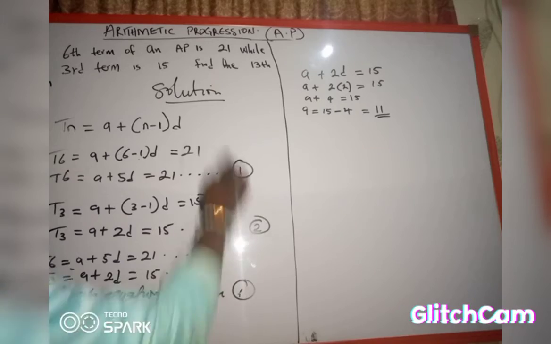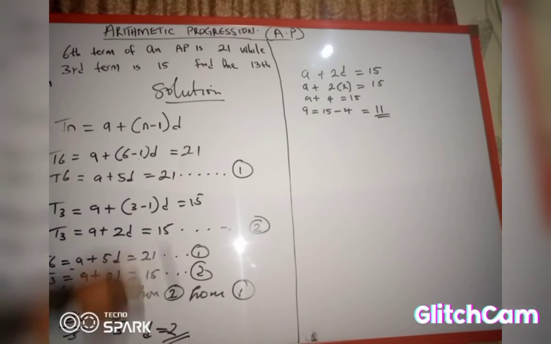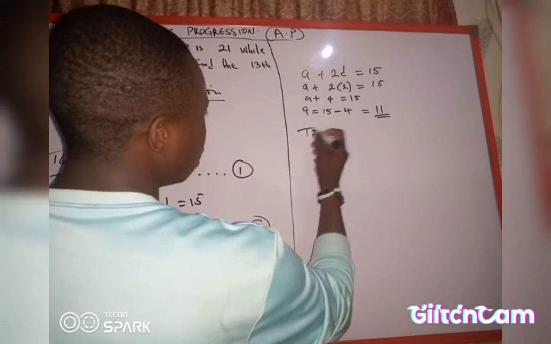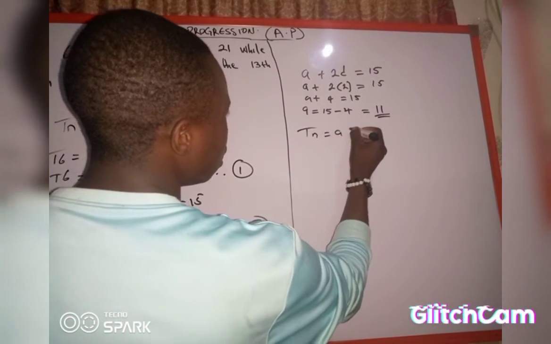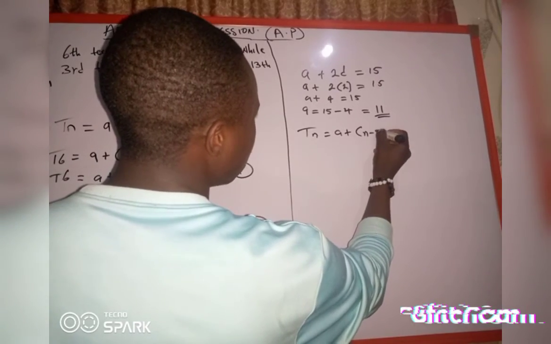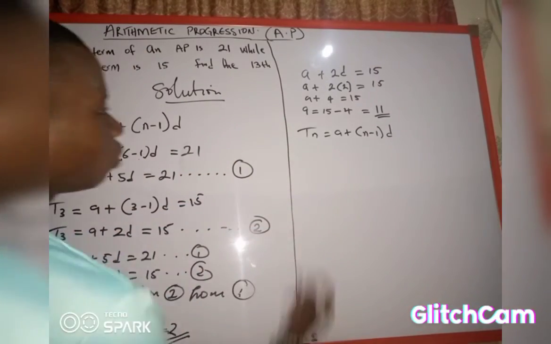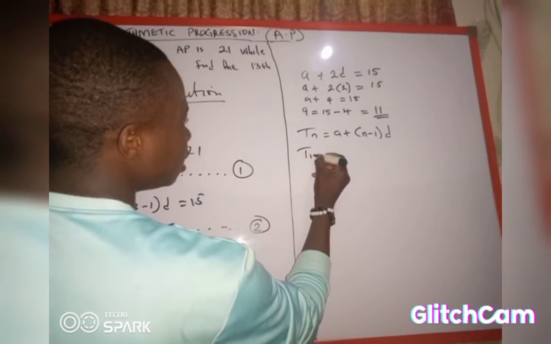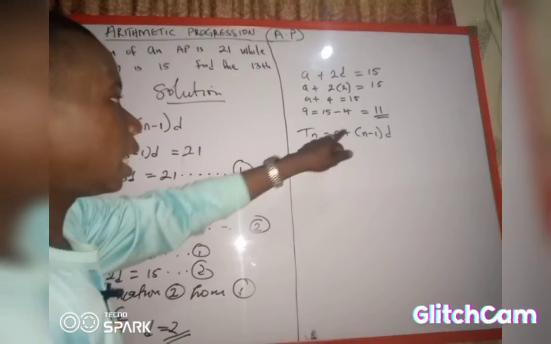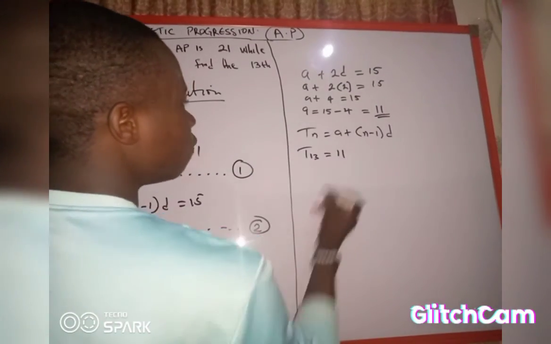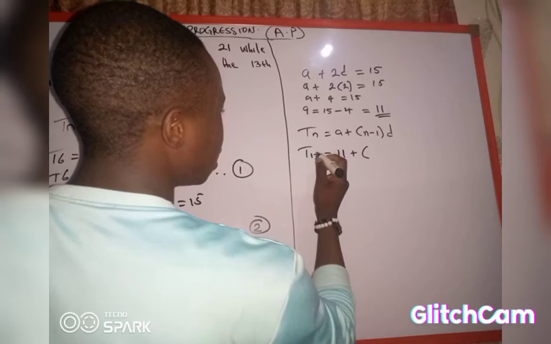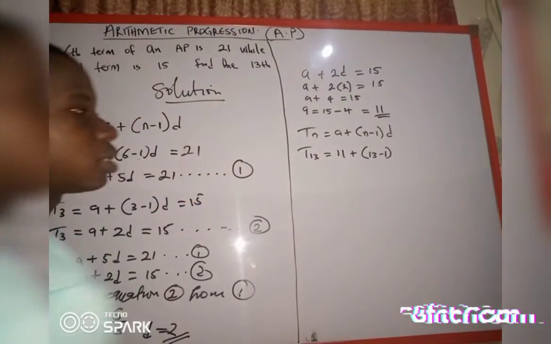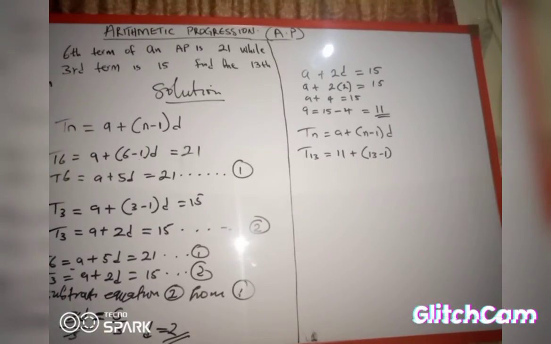So from now I can go further to find my 13th term of this arithmetic progression. We are using the same general formula, which is A plus n minus 1 then d. The question says 13th term. So T13 equals A, which is already found as 11, plus open bracket, my n is 13, then minus constant 1, and my d here is 2.